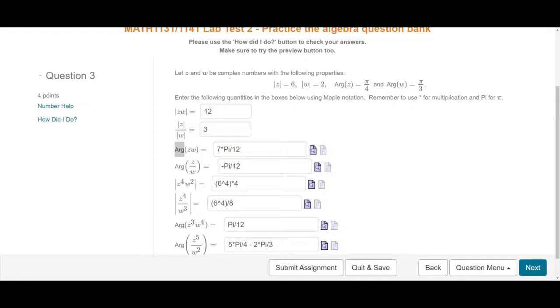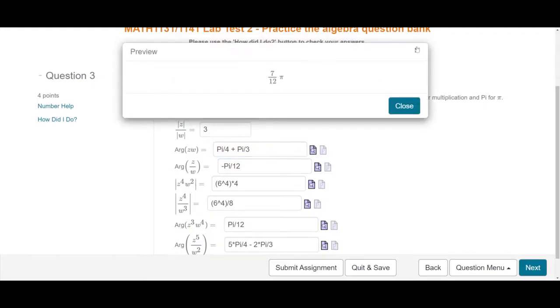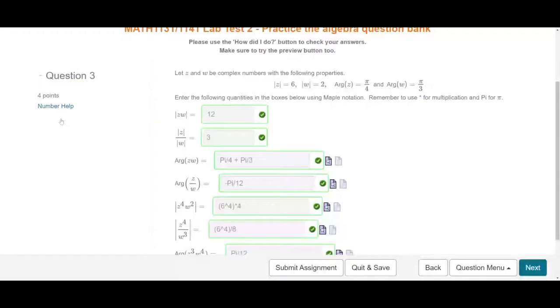Okay, so here you can see I've just added pi on 4 and pi on 3. Let me see if that works, if we just put it in like this. Yep. Yay. Okay.